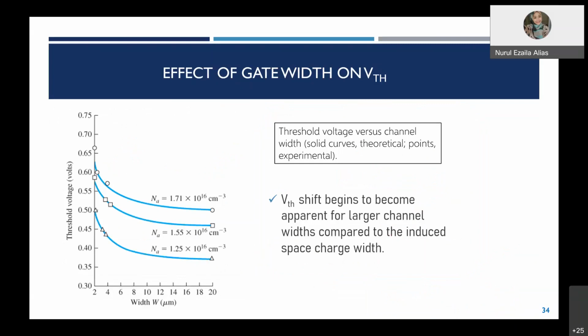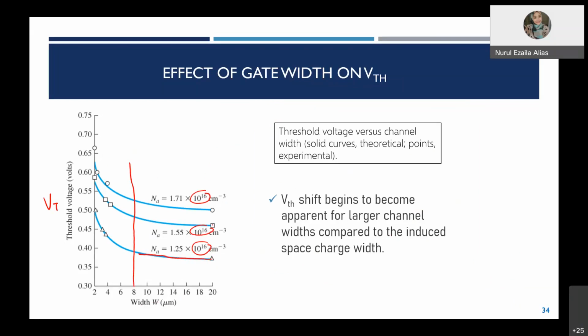As you can see, this is the threshold voltage and this is the width W, the X axis, for different concentrations, 10 to the power of 16. As you can see, it remains the same, until what we can see from here, 8 micrometer.